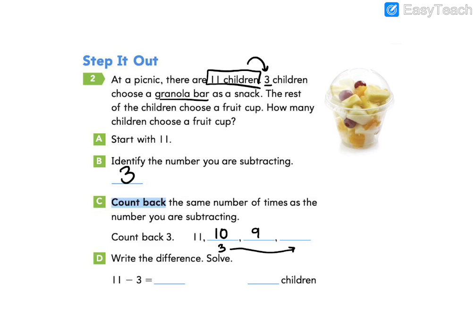So go ahead and find what it would be if we count backwards 3 from 11. You should have gotten 8 as your answer. This tells us that 11 minus our 3 that we counted back is equal to 8. So how many children chose a fruit cup? 8 children.